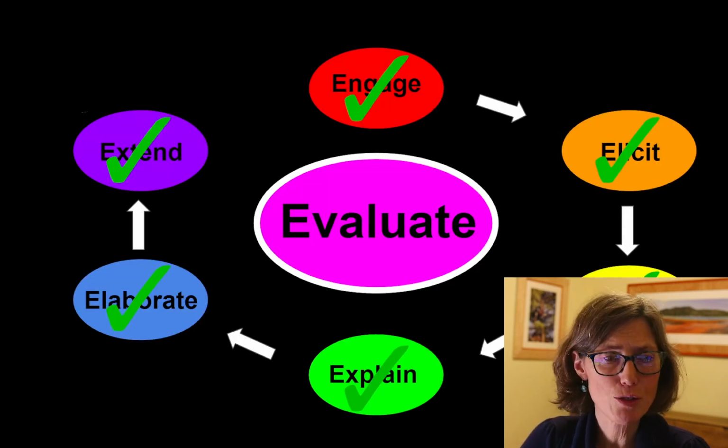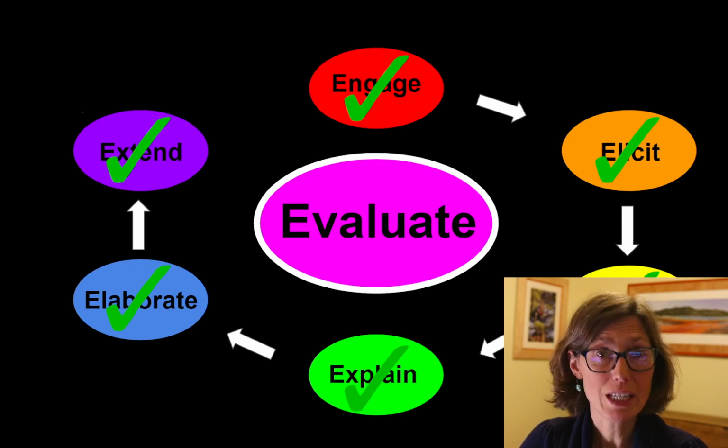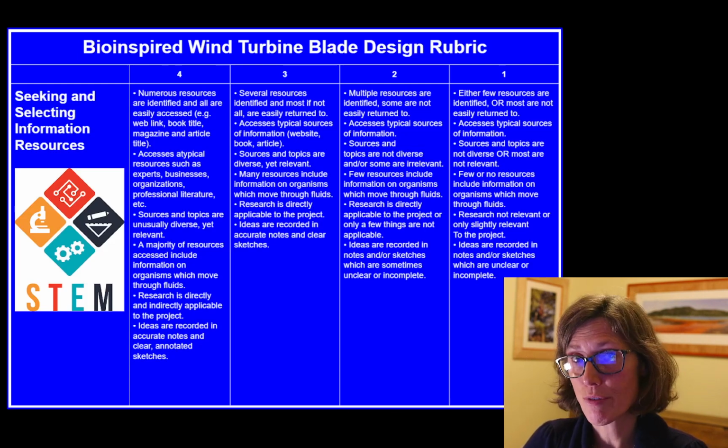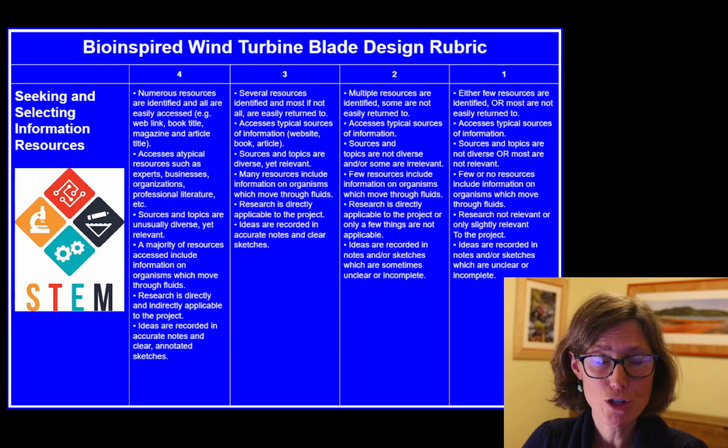And that brings us to the final E number 7, which is evaluate. So we have an extensive document that goes into great detail how to evaluate this lesson. I'm only showing you a small component of that document, which revolves around seeking and selecting appropriate information resources.